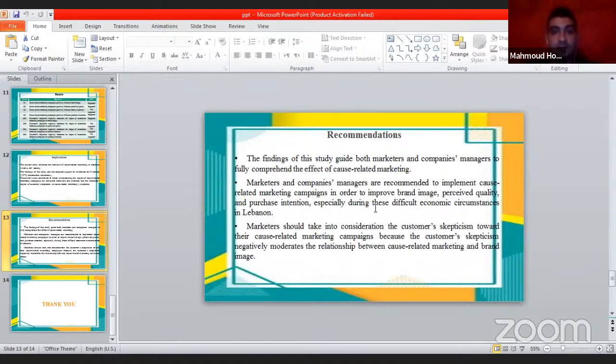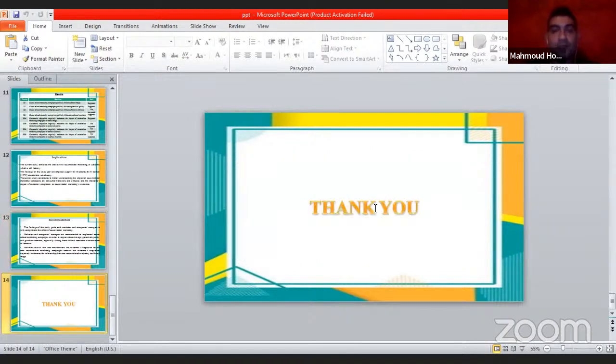Marketers should also take into consideration customer skepticism towards their cause-related marketing campaign, because customer skepticism negatively moderates the relationship between cause-related marketing and brand image. Thank you.